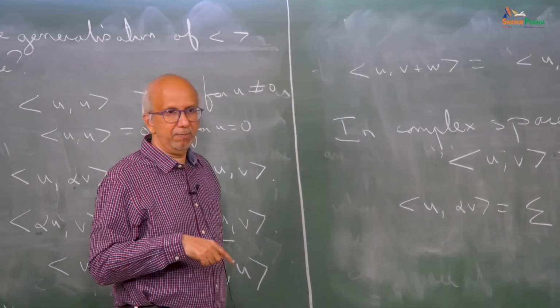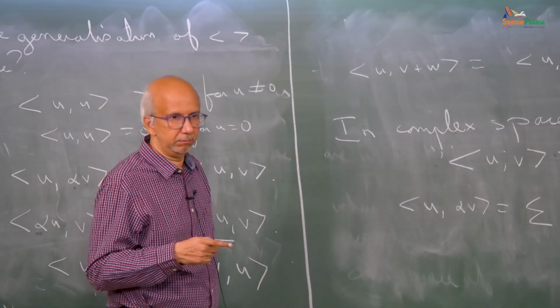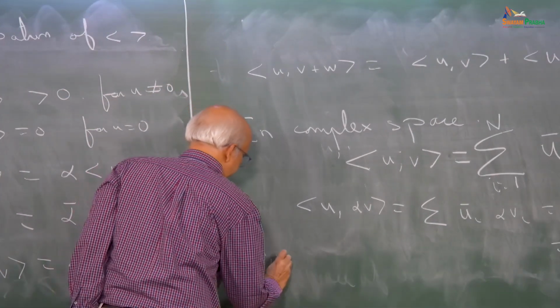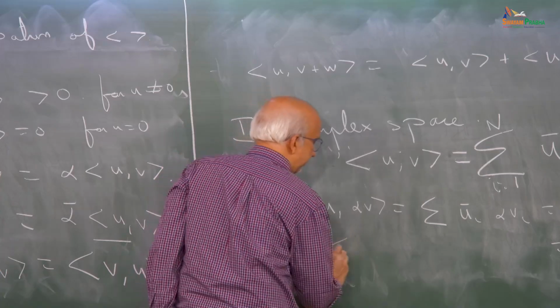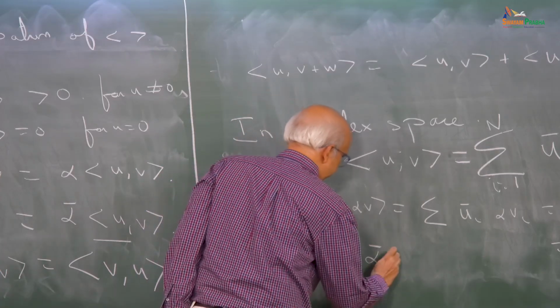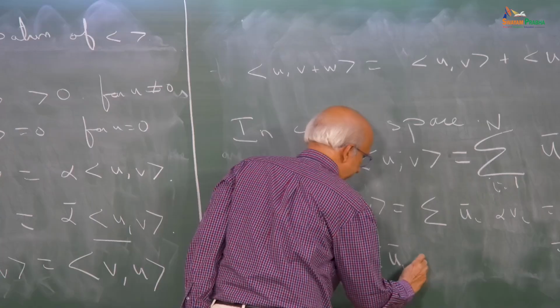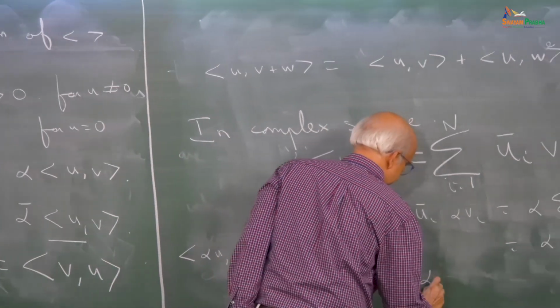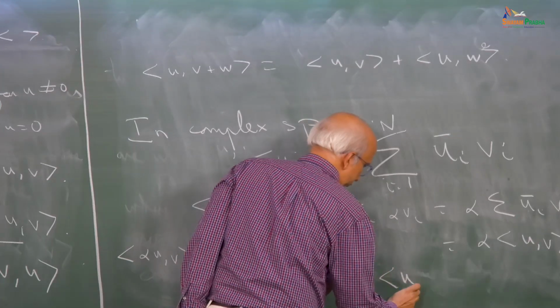But if alpha multiplies the first vector, if I have alpha u with v, then I have sigma alpha bar ui bar vi, and this gives me alpha bar times the inner product of u with v.